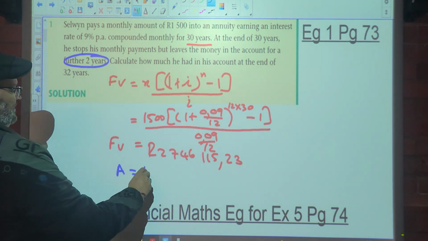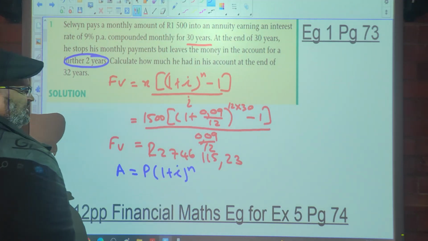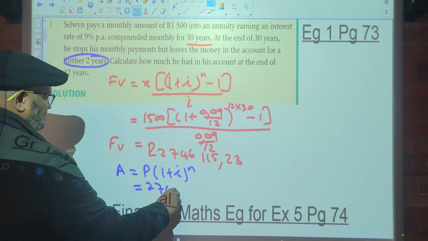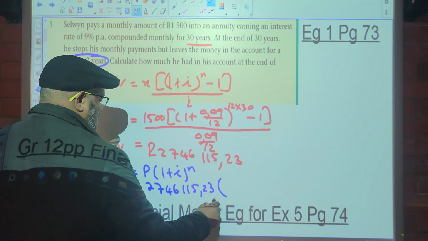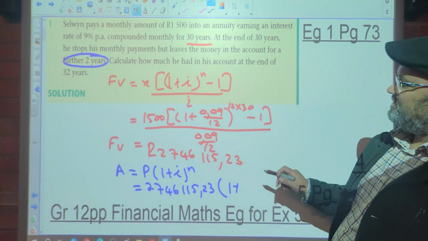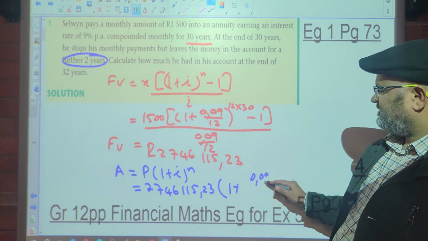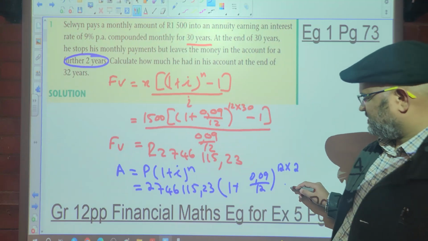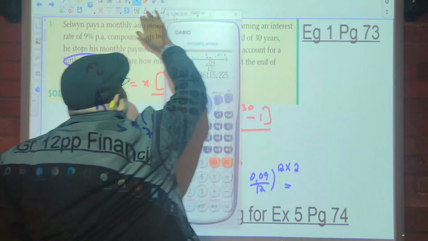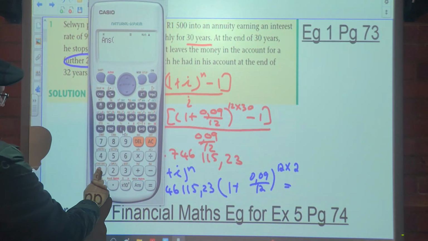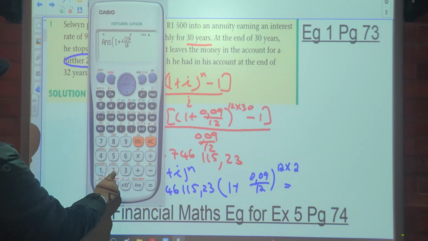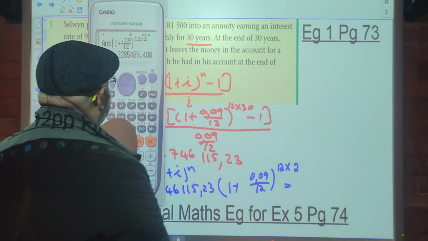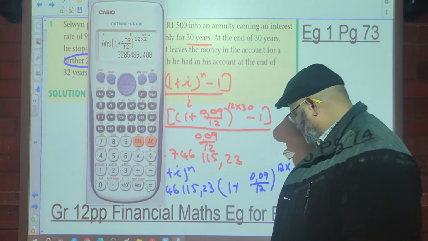So we use A equals P into 1 plus i to the exponent n, where the principal is now 2,746,115.23, into 1 plus, the interest rate doesn't change, 0.09 over 12, to the exponent 12 times 2, as this is for 2 years. That gives us 3,285,000.